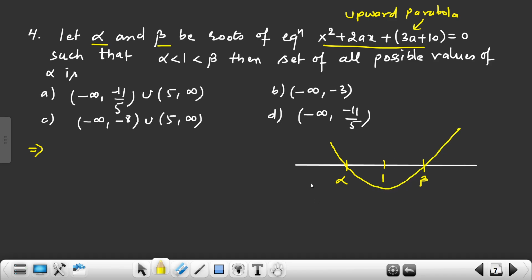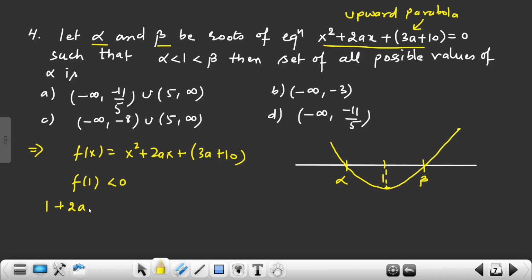Now let's suppose my quadratic function is x square plus 2ax plus 3a plus 10, whose roots are alpha and beta. So what about f1? F1 is negative, right? Not below side. So f1 is negative, and I will use that condition.